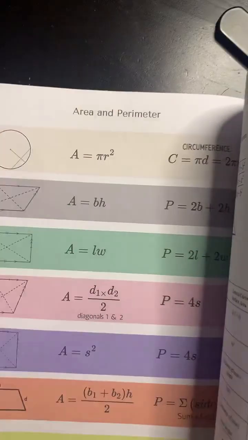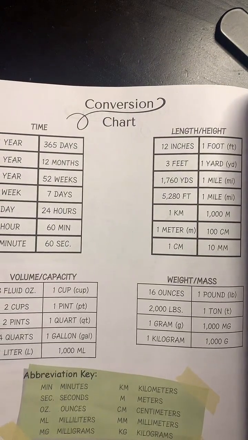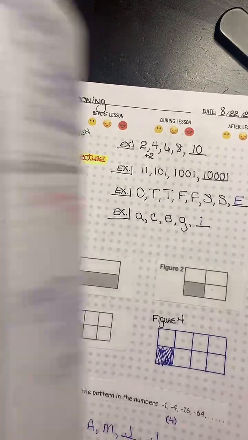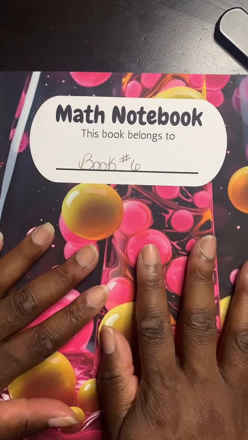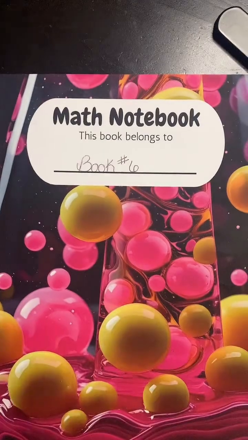Okay, system of equations, system of inequalities, areas, also volume, surface area, and last but not least, the conversion chart. So this one is designed for Algebra 1, 100 plus pages for you to take notes. So Algebra and Algebra 1, this is your book.